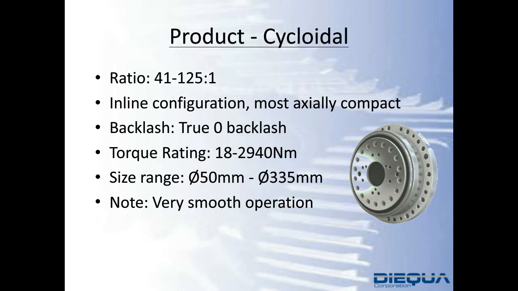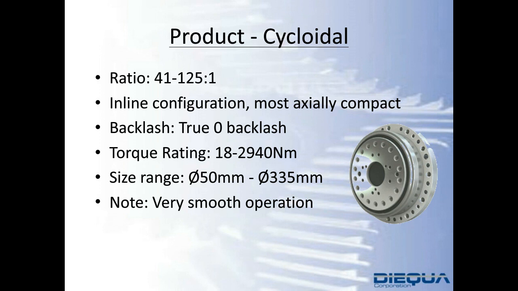Because it's internally constructed across taper roller bearings for the input shaft, it's able to handle by far the greatest amount of axial, radial, and bending capacities that you could throw at it. It is a very smooth operating unit because of the oscillating motion. It's not coming to abrupt contact like you would get in a helical gear, a planetary, and a bevel.